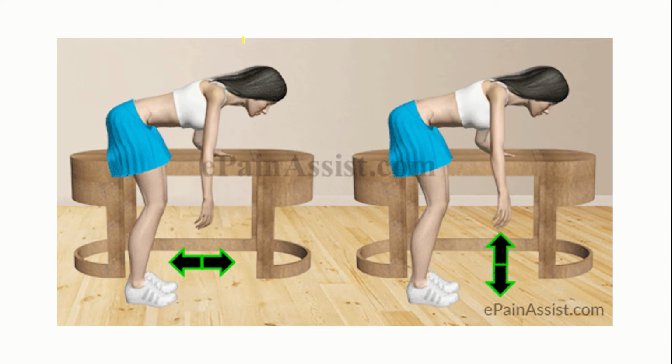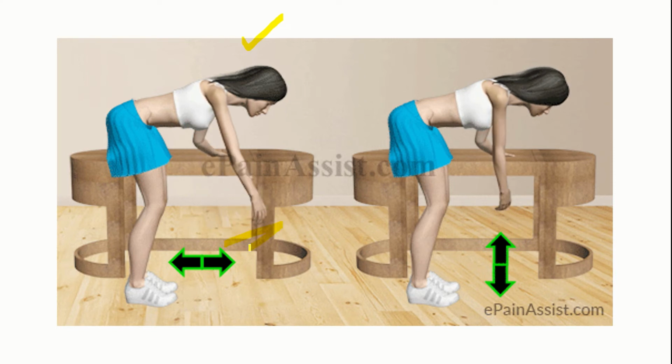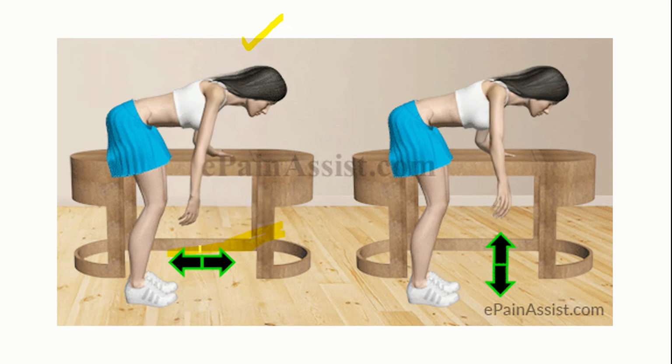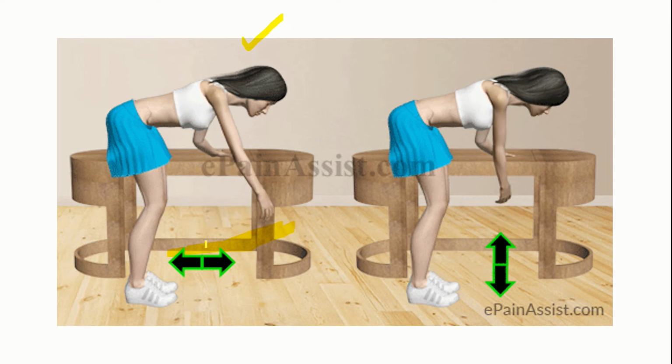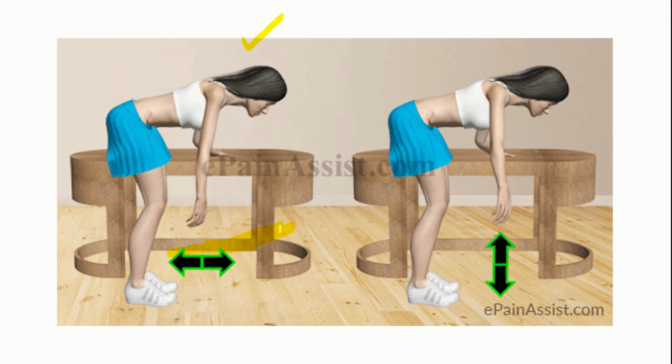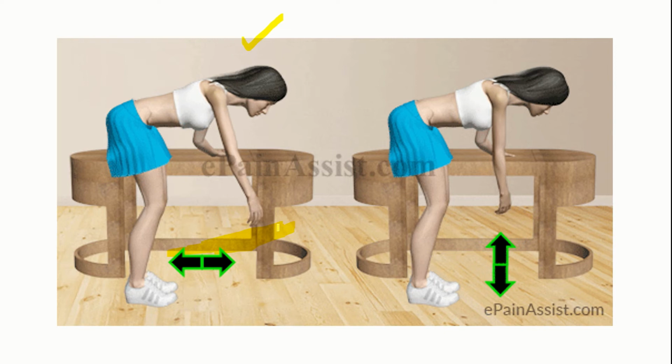So you can just suggest these Codman exercises. This is a pendulum exercise in which the patient has to do forward flexion and then extension. In this, the patient is doing flexion and then extension. This is the pendulum-like movement in which the patient has to rotate the hand, and it is assisted by gravity.